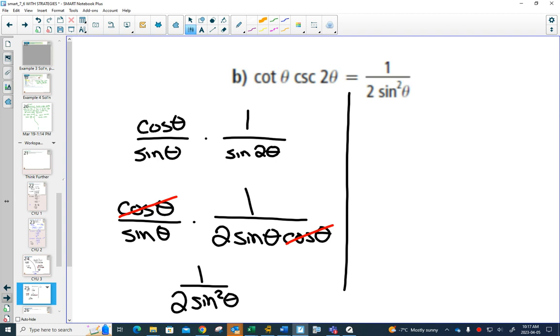And we're left with 1 over 2 sine squared theta. So our left side is equal to our right side.